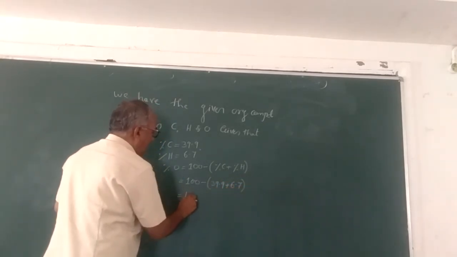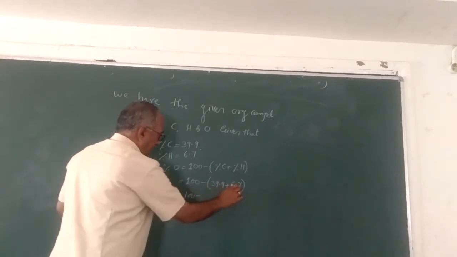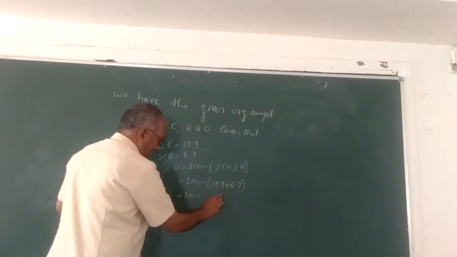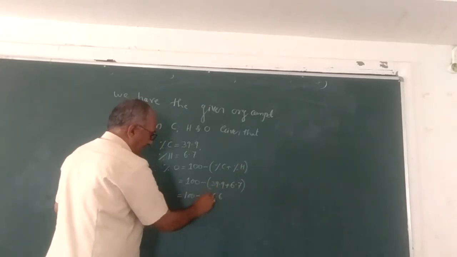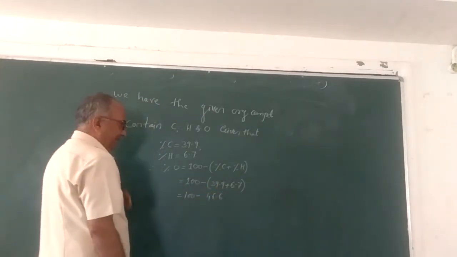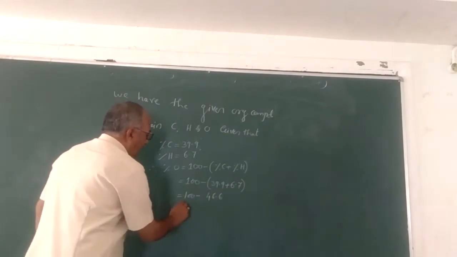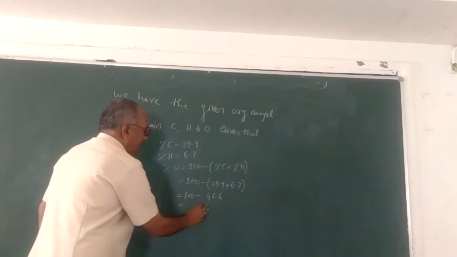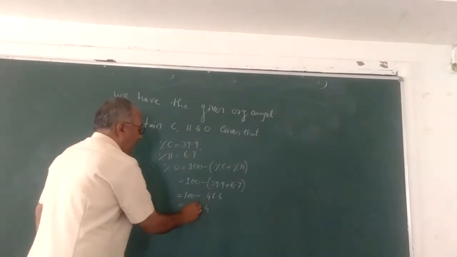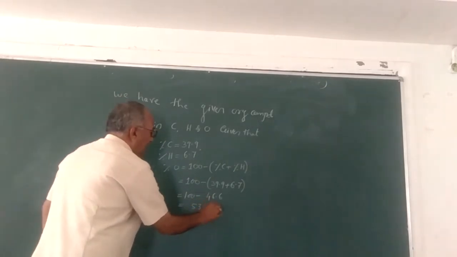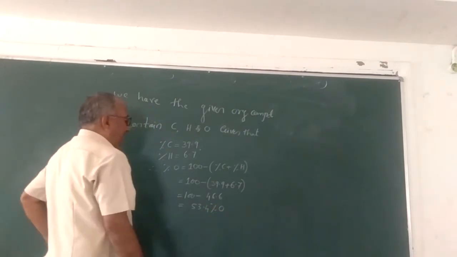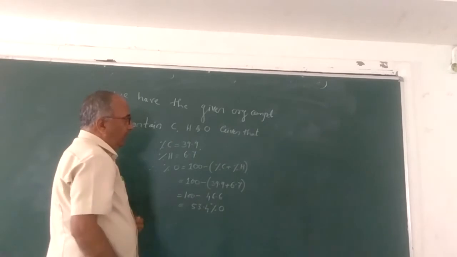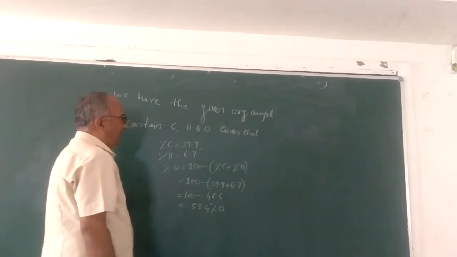What will you get? That is 46.6. So 100 minus 46.6, that is the 53.4% of oxygen. Then how to determine the empirical formula?